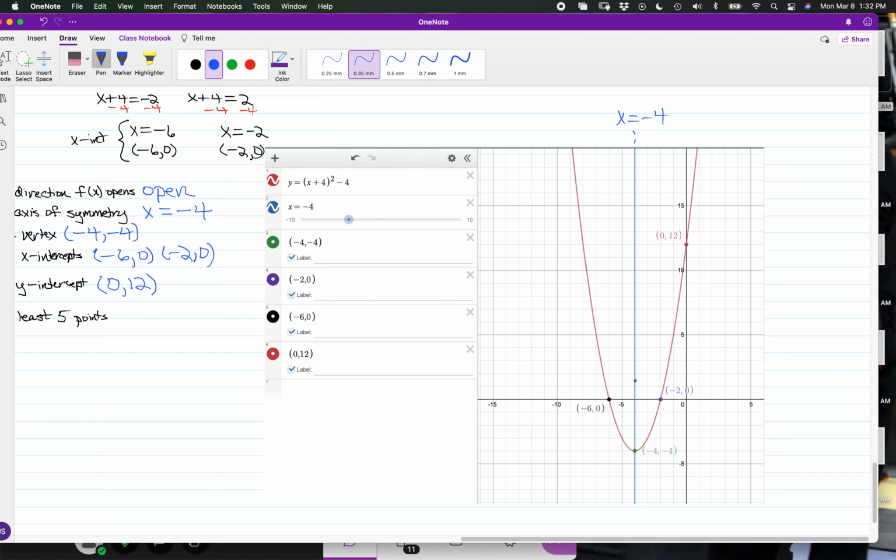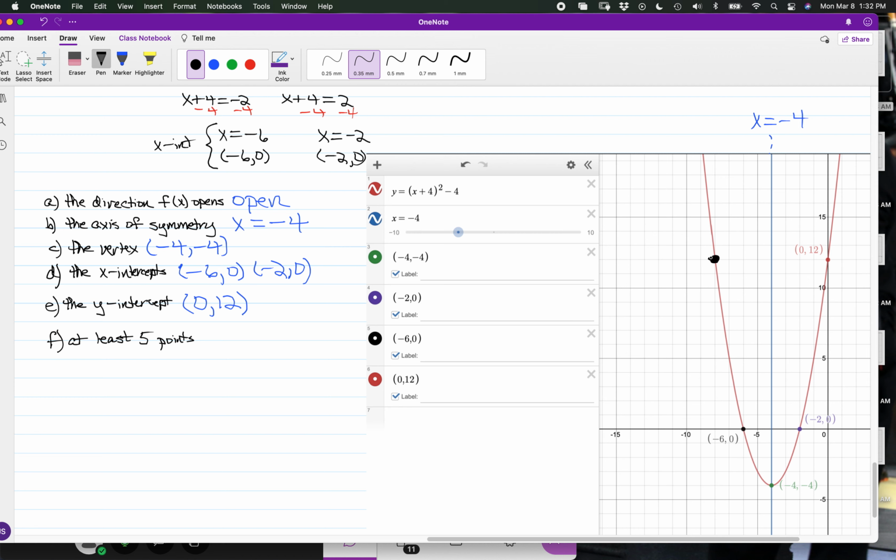If I go up the axis of symmetry out to y is equal to 12, the y-intercept is 1, 2, 3, 4 spaces to the right. Mirroring across, if I go 1, 2, 3, 4 spaces to the left, I can supply a fifth point right here.